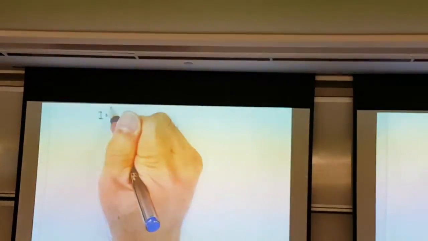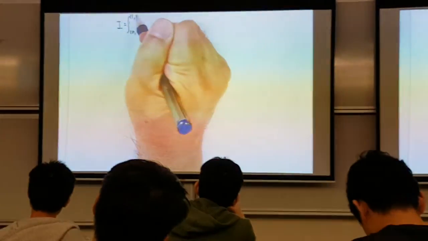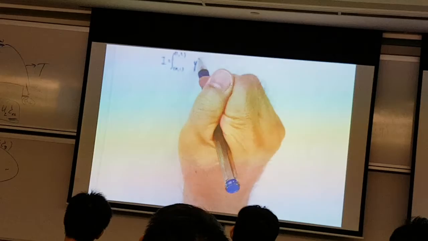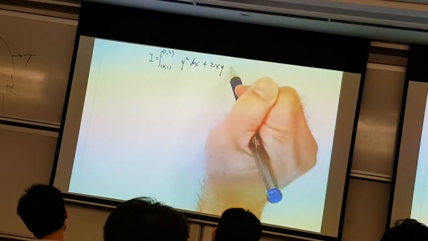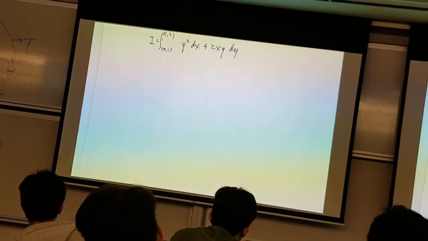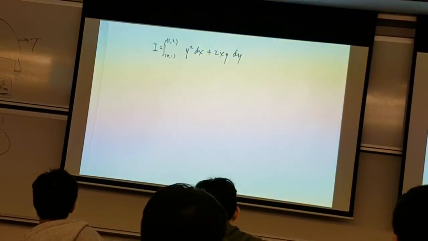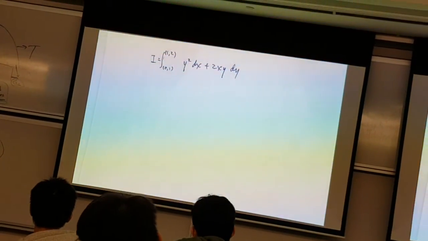from point (0, 1) to (1, 2) of y squared dx plus 2xy dy. What we are trying to show you here is that they are what we call an exact differential.